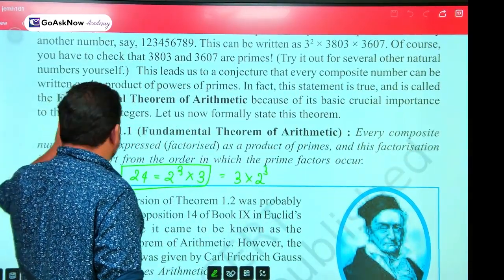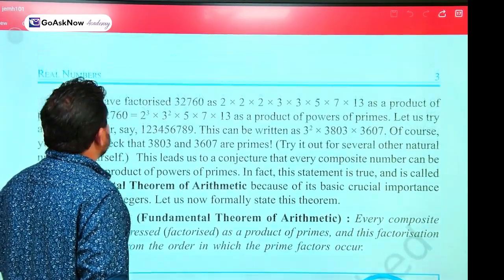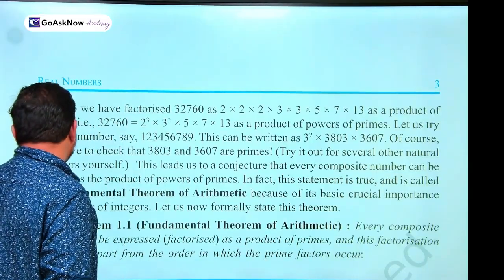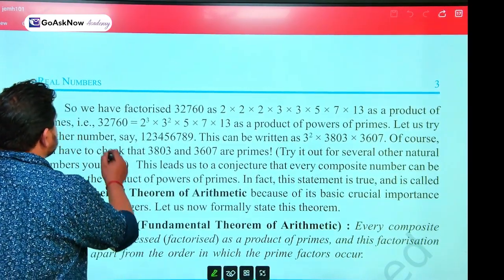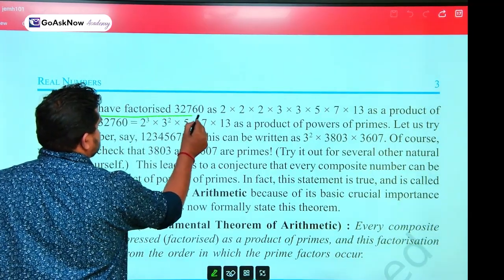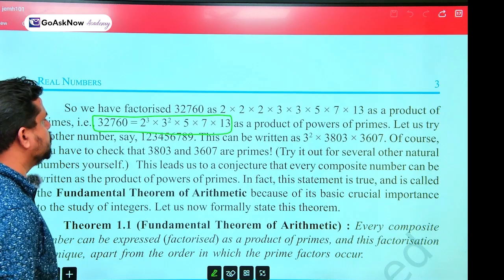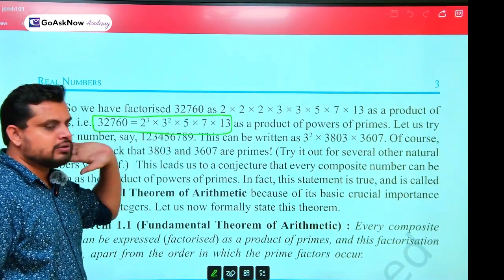Now, let's see what they have done here. Again you can see that they have written the number 32760 as 2 cube into 3 square into 5 into 7 into 13.